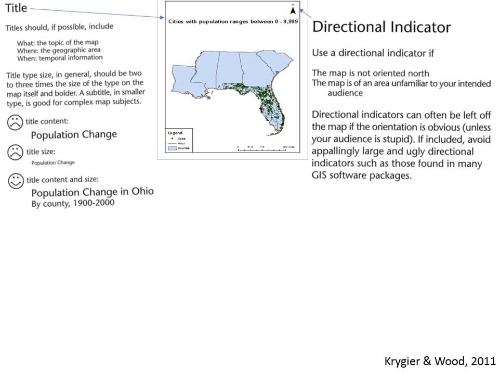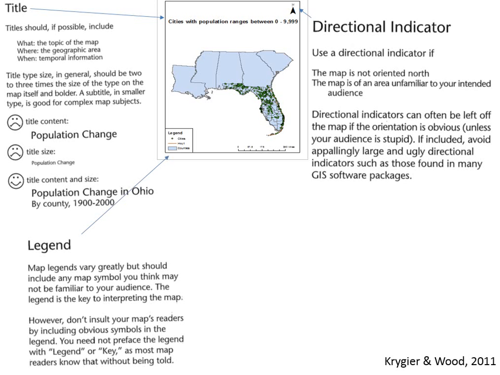But if you're making this map for the state of Florida, because a politician there is interested in finding out where these cities are, you probably don't need a north arrow, because they know that if they see that shape of Florida, north is up. If you include a north arrow, don't include it in such a prominent place up in the corner above the title. It should be in a more subtle location.